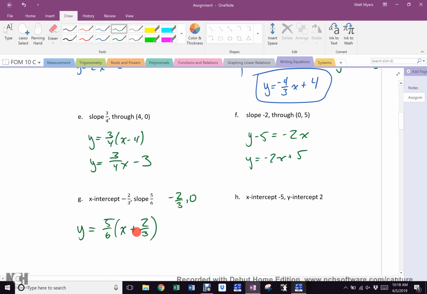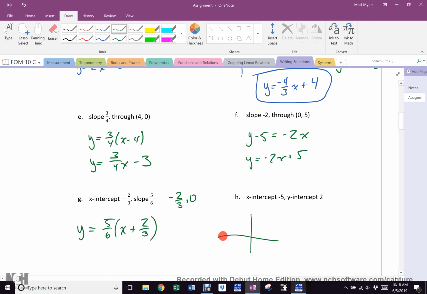That's kind of barfy. Are you allowed to leave it that way? Yeah, of course. You could also general form this pretty easily, couldn't you? Because what would happen? I'd have to multiply by 6, and that would tidy it all up, right? And this is the exact same as A, B, C, D, right? Except the slope is now what?